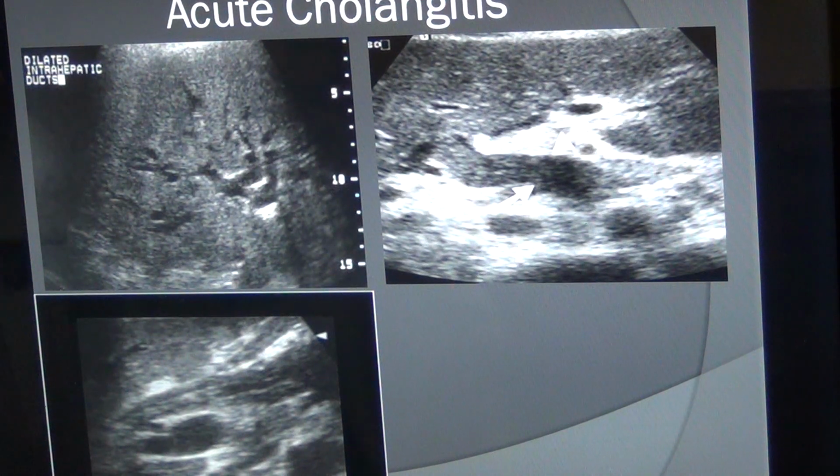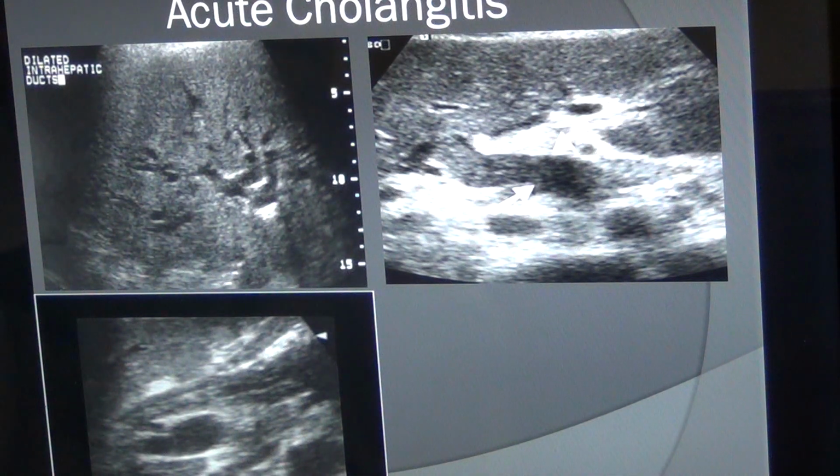Now if the obstruction is in the common bile duct, then you will see the intrahepatic bile ducts also dilated. If there is an obstruction at the common bile duct inside the head of the pancreas, then you will see the common bile ducts dilated, cystic ducts dilated, gallbladder dilated, common hepatic ducts dilated, the right and left hepatic ducts dilated, and intrahepatic ducts dilated.